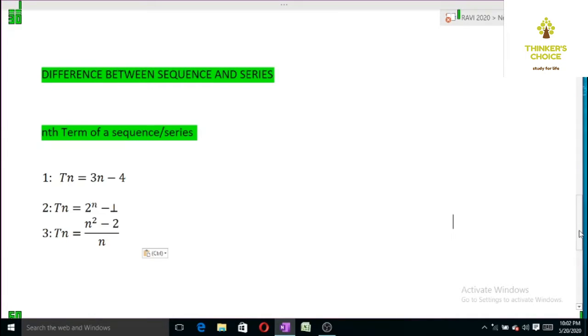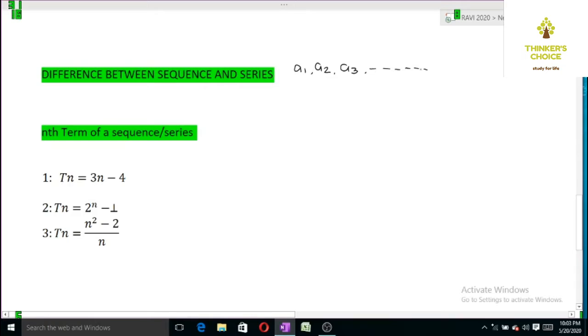As we know, if A1, A2, A3, separated by commas, dot dot dot, then this is called a sequence.